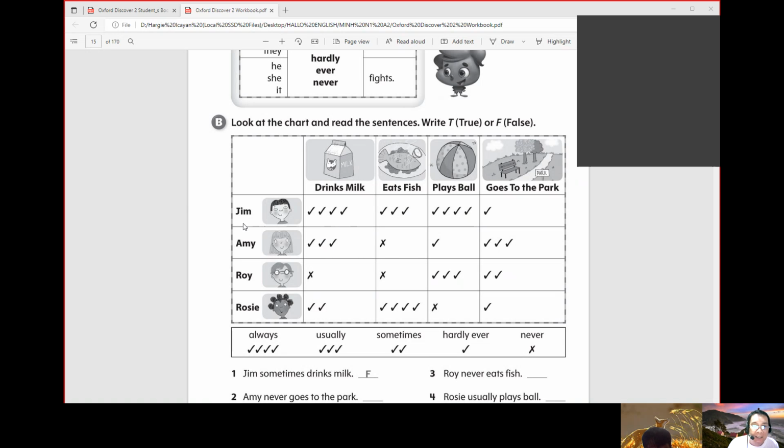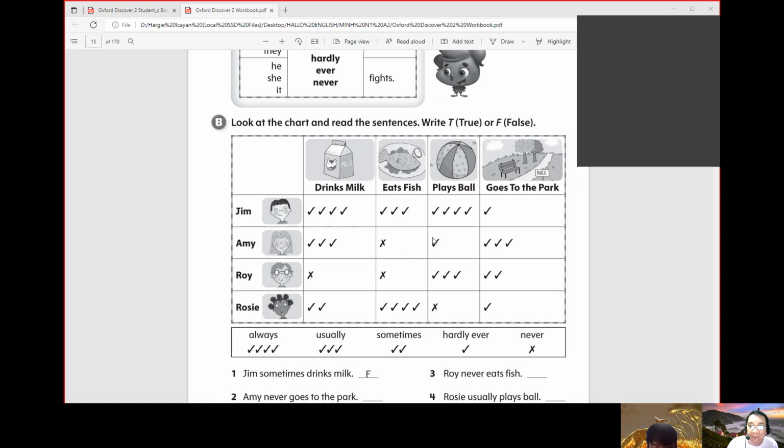So this is Jim, and he has four checks here: he drinks milk, eats fish with only three, plays ball with four, and goes to the park with one. Then Ami got three, and doesn't like to eat fish.